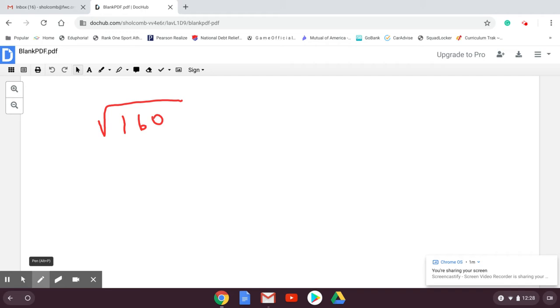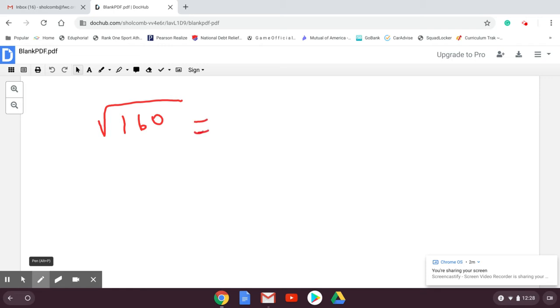The square root of 169 is 13. So the square root of 160 is somewhere in between there, maybe 12.5 or 12.6 if we were to estimate it. But that's not what we want. Instead, we want to leave it as a square root, but we want the number inside the radical sign to be as small as possible. So here's what we're going to do.